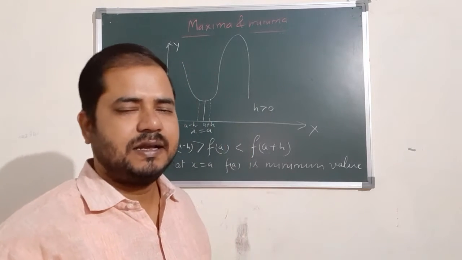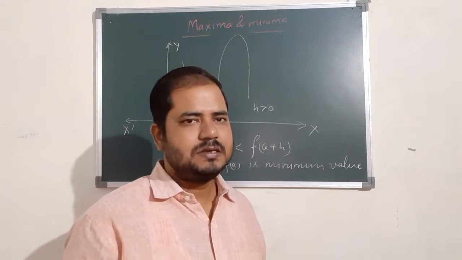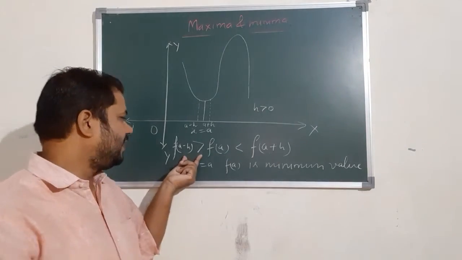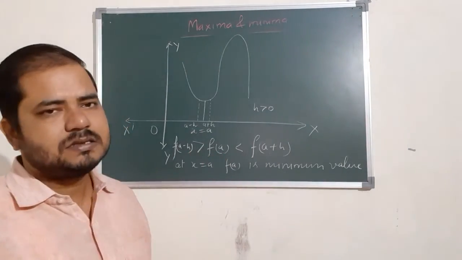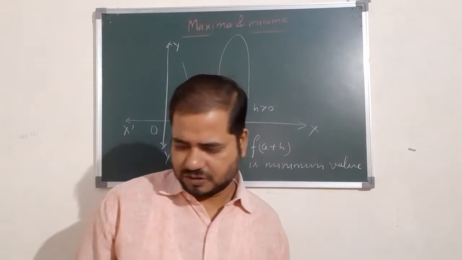That means less than its neighborhood, f(a plus h) and f(a minus h). So see here, f(a) is less than f(a plus h) and f(a) is less than f(a minus h). अपने small neighborhood में वो सबसे छोटा होता है.